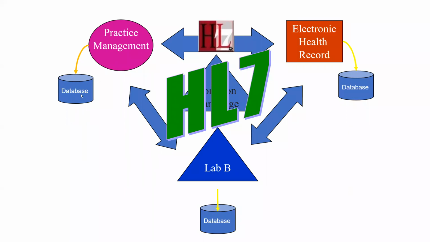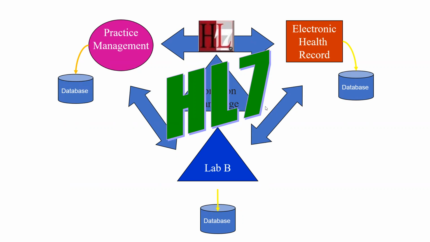When the data gets saved into the PM system, this data is converted into HL7, and that HL7 will be sent over to the electronic health record or LIS system. As HL7 is the common medium of communication, everyone is deemed to understand HL7, so they don't need to understand the architecture or design of the other system's database at all.